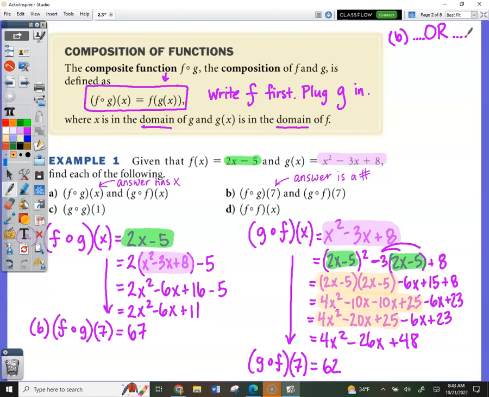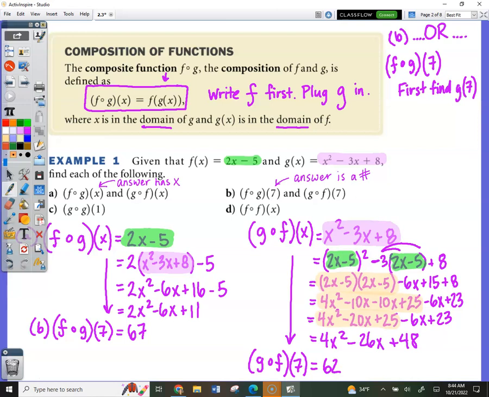So let me show you using f of g. If I had said find f of g of 7, start with the innermost first, find g of 7. So you would go to the function g and you would plug what in your calculator?